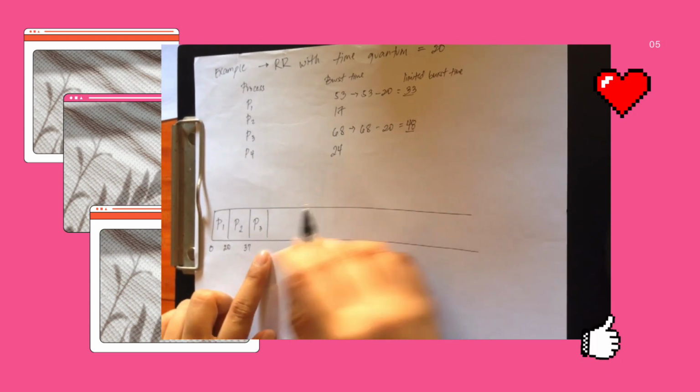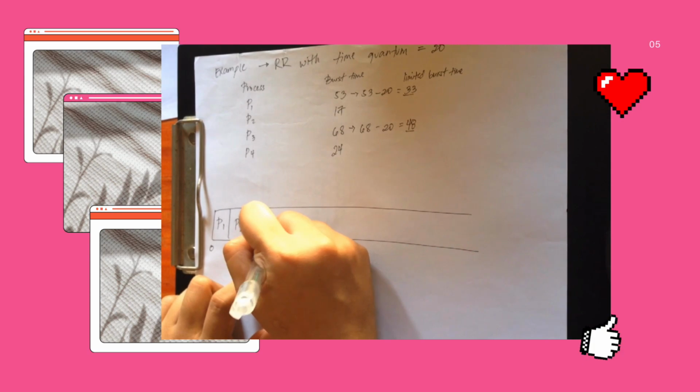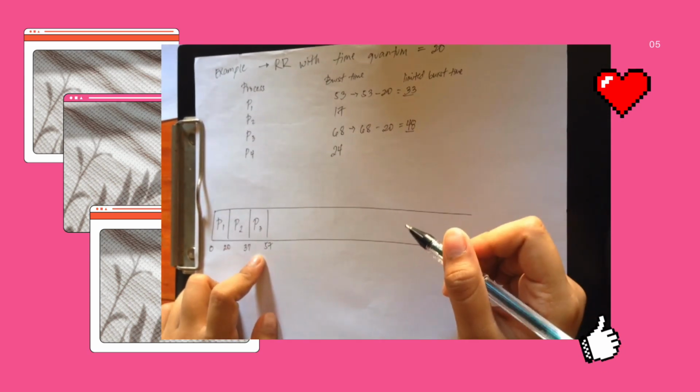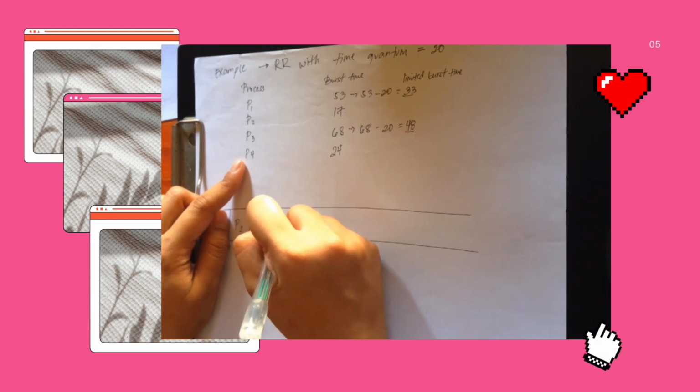So, 37 plus 20 from our P3 is 57. So, here is our P4.